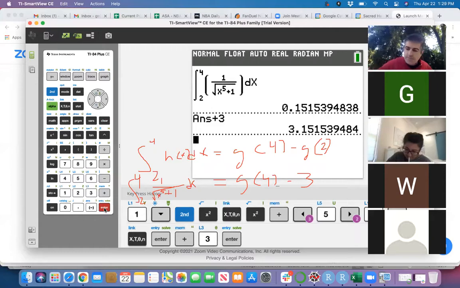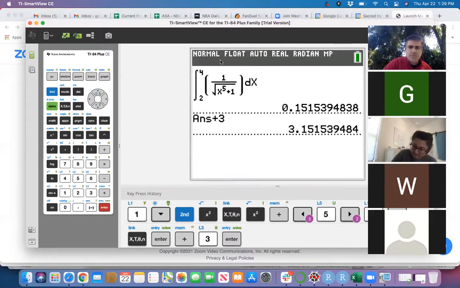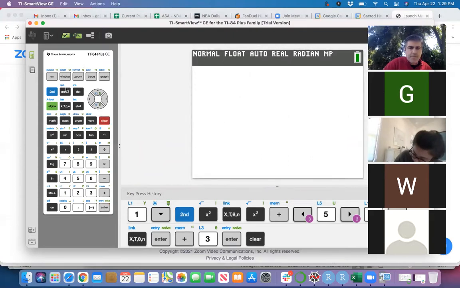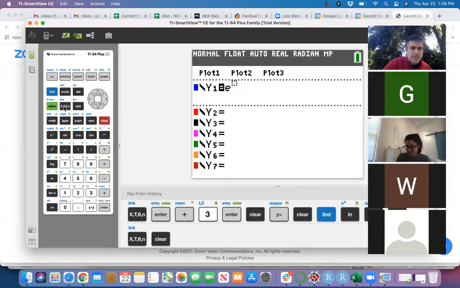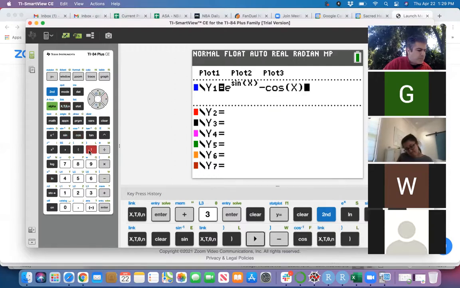So what I want you to do, let me clear everything here, is go to y equals and type in that function: e to the sec, ln of sin x, minus cos x, minus 1.